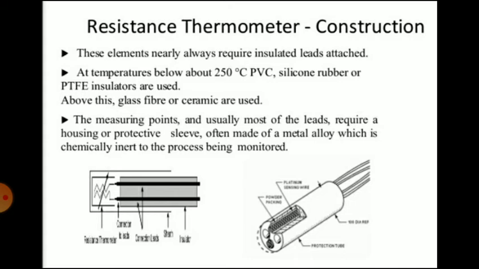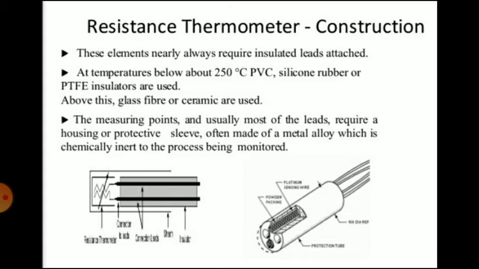The coils are made up of fine annealed wire, so wound on frames that there is negligible physical strain exerted as the wire expands and contracts with changes in temperature. The wires are arranged on the frames so that there is good thermal conductivity and a high rate of heat transfer.